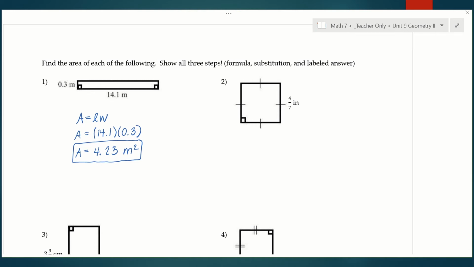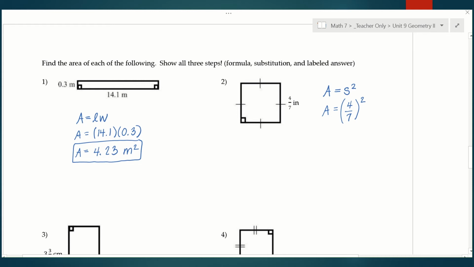Okay, number 2. This is a square. I know that because it shows me that all the sides are the same length and I have a right angle there. So I'm going to use the formula area equals side squared. And you could use length times width like I mentioned before. It will work the same way. So since each side is 4/7 of an inch, I need to do 4/7 squared.